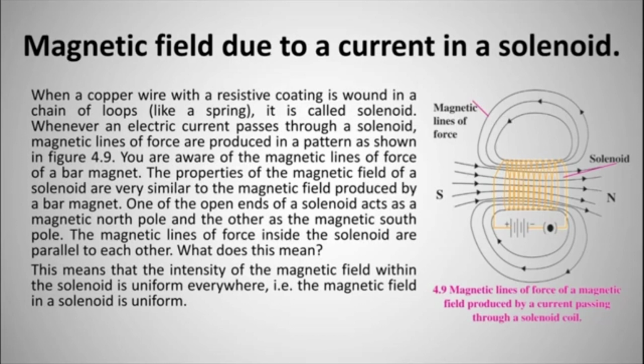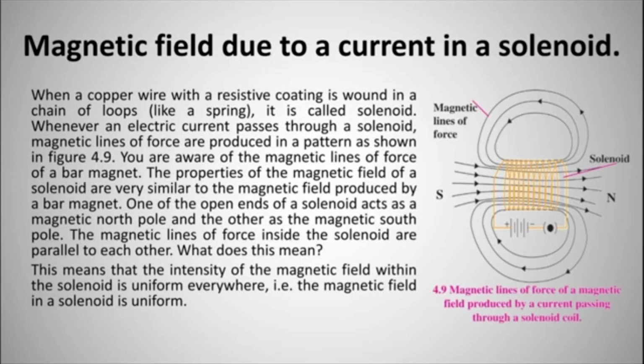You are aware of magnetic lines of force of a bar magnet. The properties of the magnetic field of a solenoid are very similar to the magnetic field produced by a bar magnet. One of the open ends of the solenoid acts as the magnetic north pole and the other acts as the magnetic south pole.